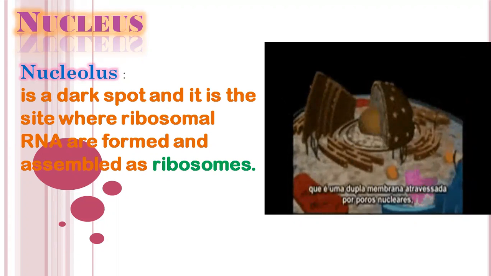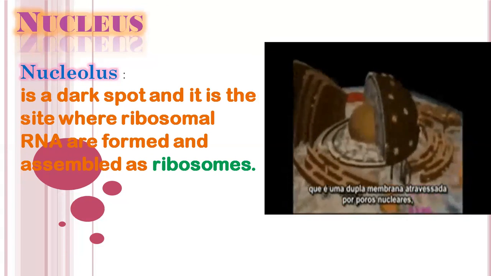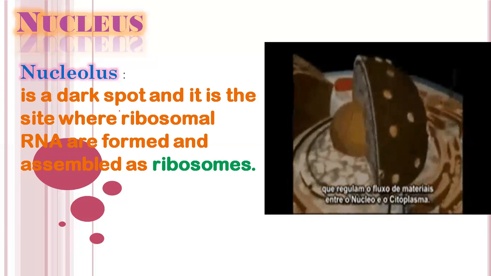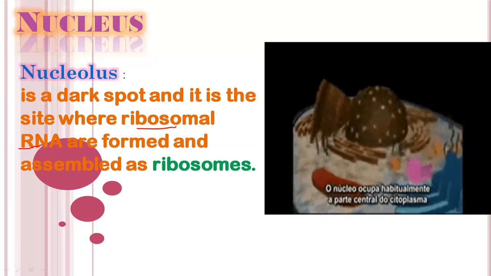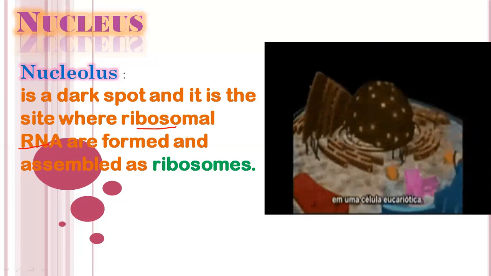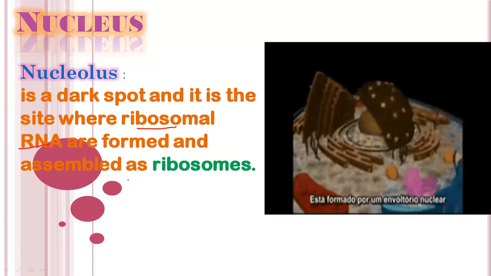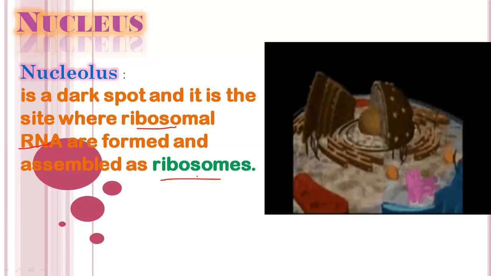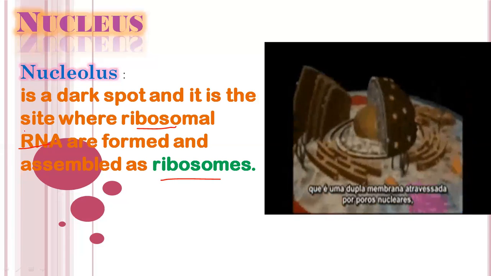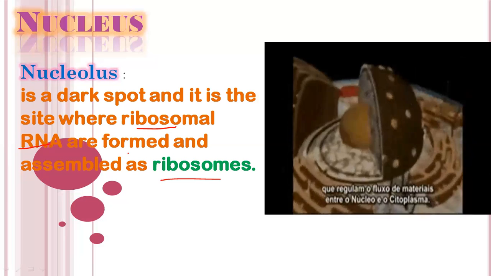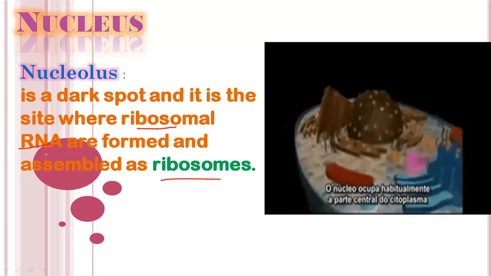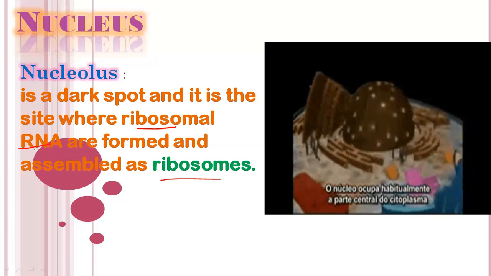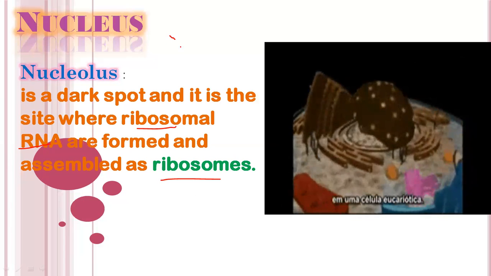And what is the actual function of the nucleolus? It is the place where ribosomal RNA is formed and assembled as ribosomes. RNA means ribonucleic acid.